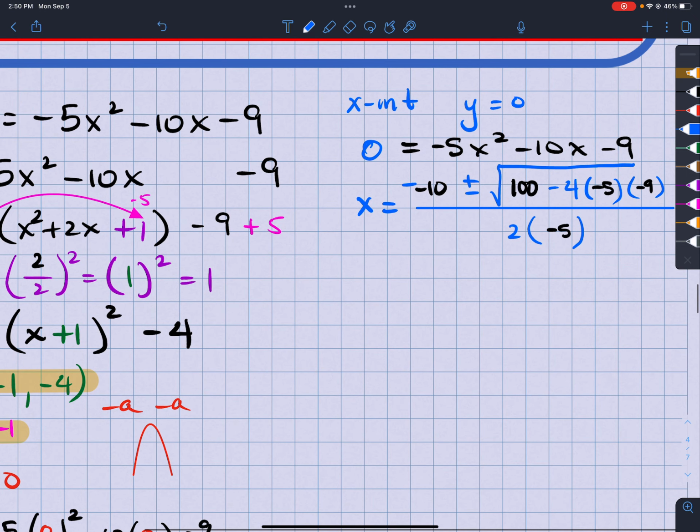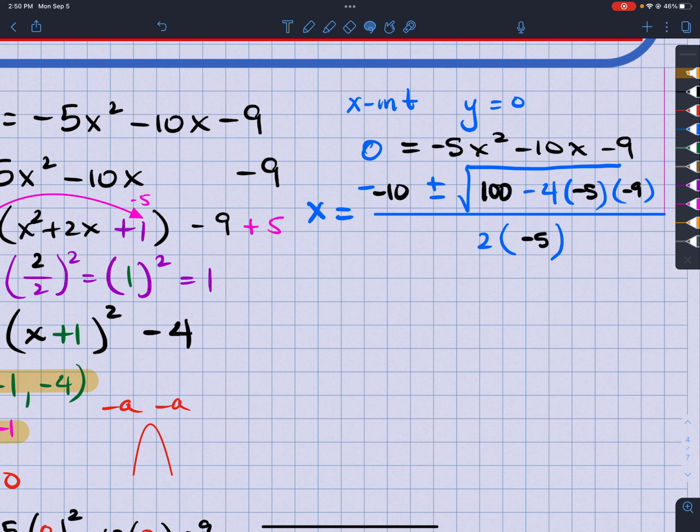Okay, let me see here. I don't like what I see here, so let me see if I can blow this up a little bit because I don't like squishing this -9 in here.